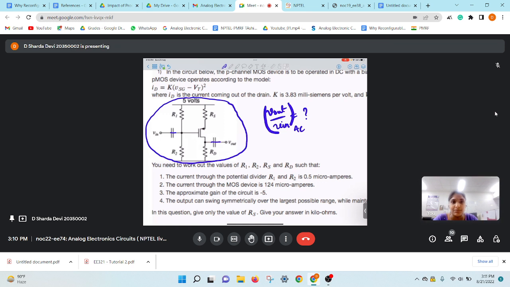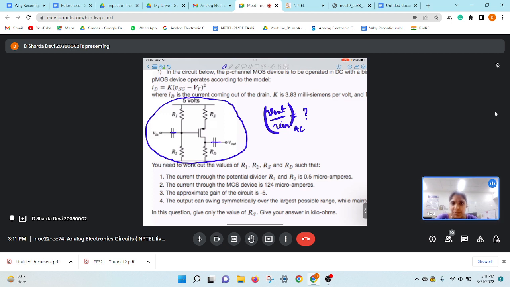Ma'am, RD must be above now. So I asked you to let me know the AC gain expression, so V out by V in for this particular circuit. In terms of R1, R2, R3, RS, and RD, in variable form only.